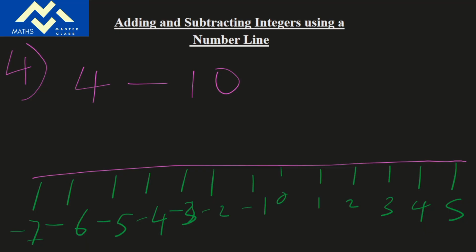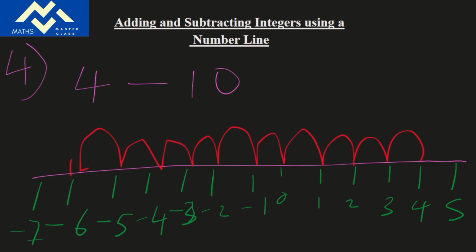So we move 10 steps to the left. 1, 2, 3, 4, 5, 6, 7, 8, 9, 10. We land on minus 6. So 4 minus 10 is minus 6.